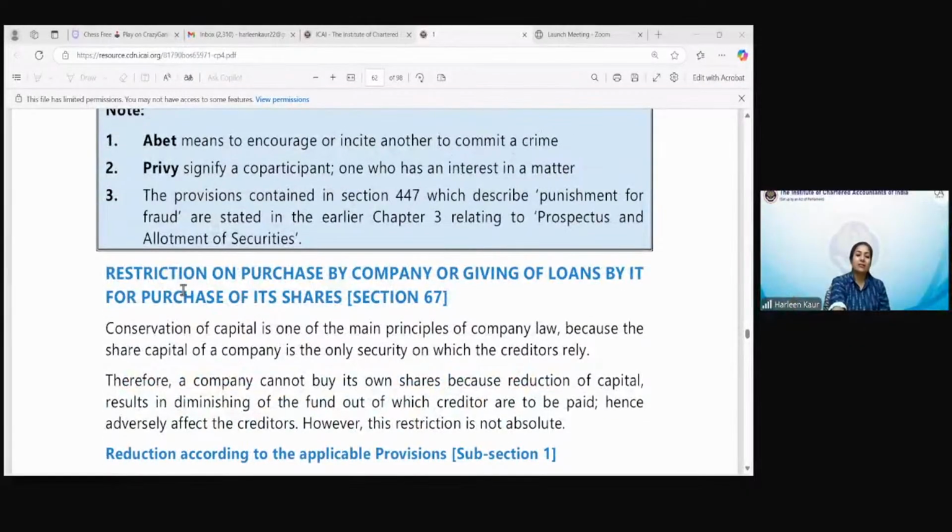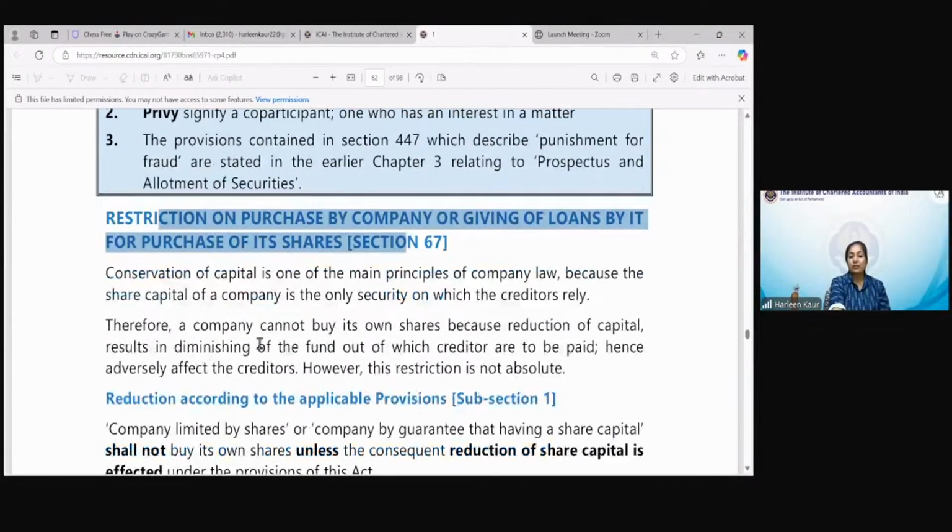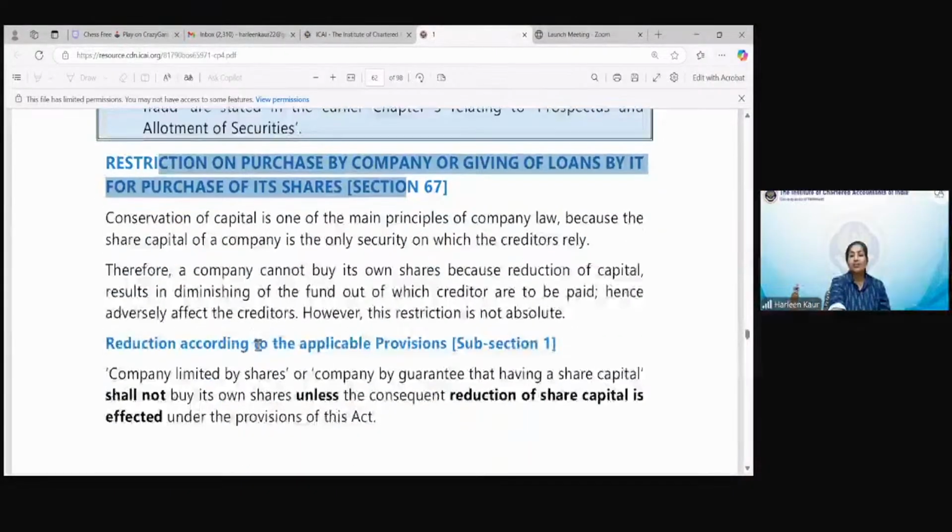So section 67 talks about restriction on purchase by company or giving loans for the purchase of its shares. So what does section 67 try to tell you? Section 67 says that you cannot give any kind of assistance to your employees for buying the shares of their own company. Since we are going to approach after reduction of share capital in section 66, we have already done.